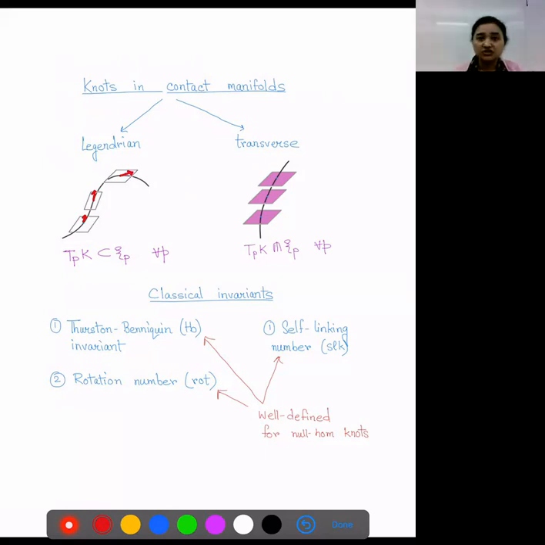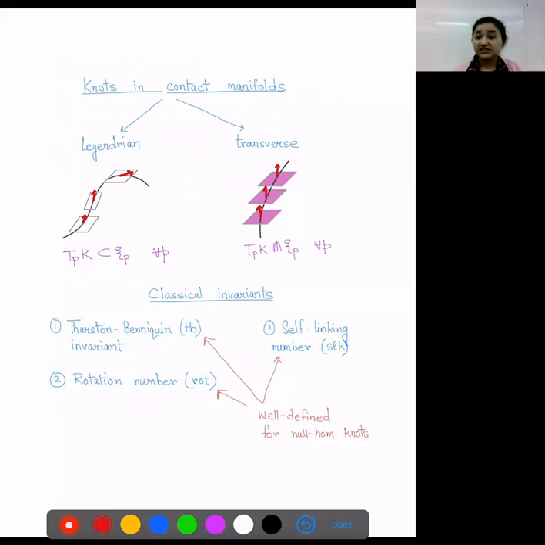That is the definition of a Legendrian knot. For a transverse knot, pick any point and draw a tangent vector that is transverse to the contact plane. So these are the local pictures, and here are the definitions.